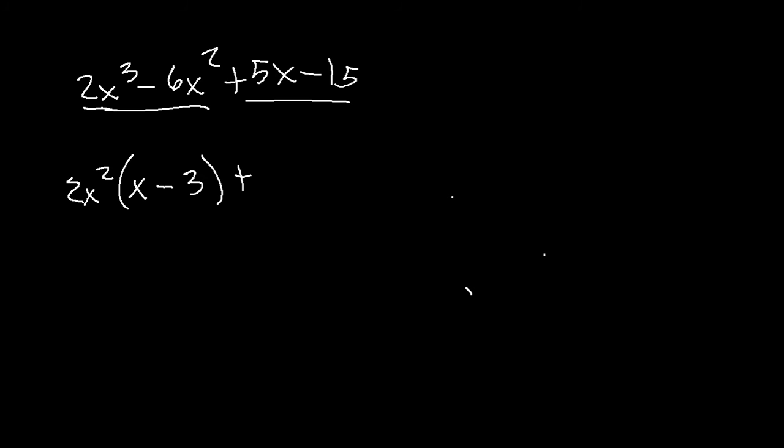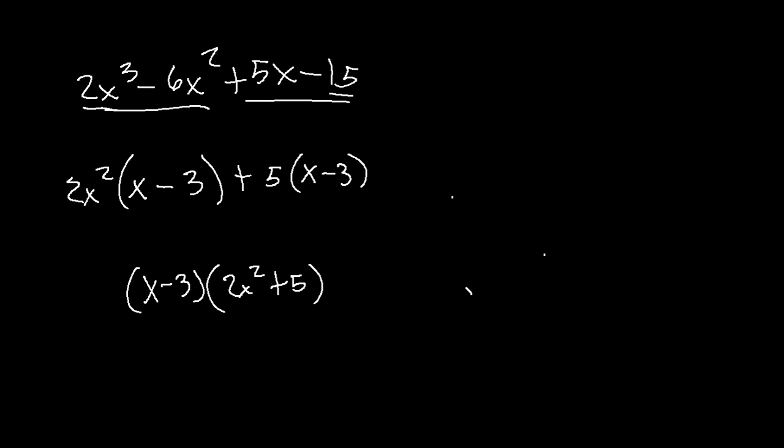Since 15 has no x in it, we only get the greatest common factor of 15 and 5, which is 5, and we're left with x minus 3. We take x minus 3 and multiply it by 2x squared and 5. That will be the final answer for this expression.